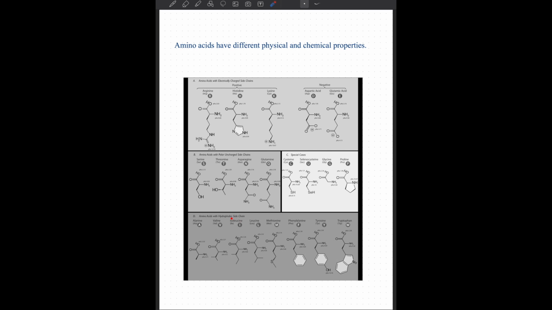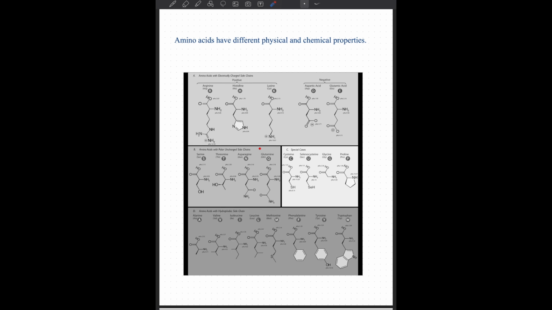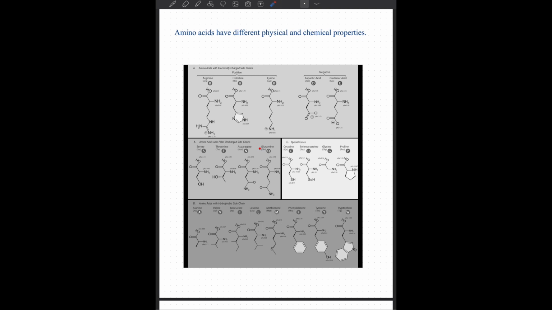The hydrophobic ones are really important because hydrophobic amino acids tend to be in the core of the protein. They get folded and hidden from the surface where there's water. Your hydrophilic amino acids are on the surface. And of course these different amino acids, with their different properties and charge, confer certain properties, let's say in active sites and binding and things like that.